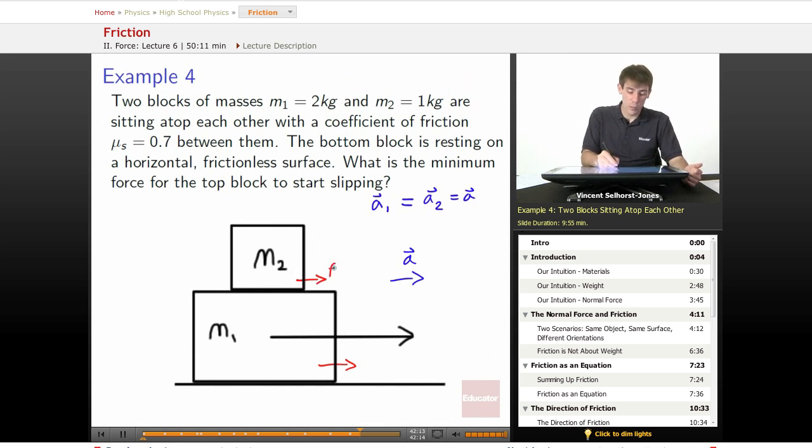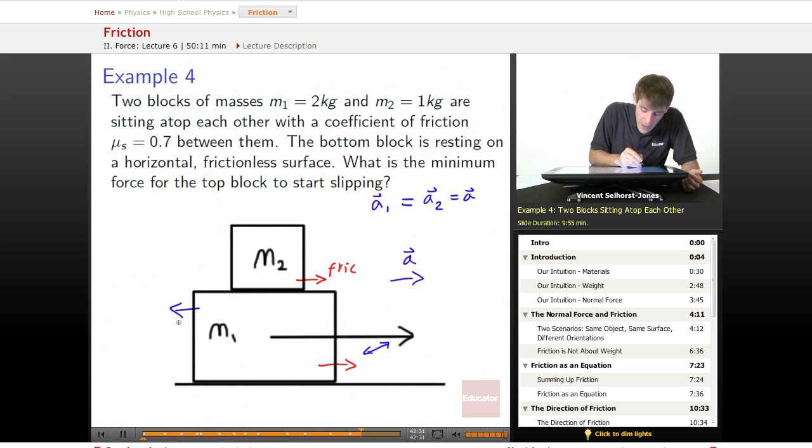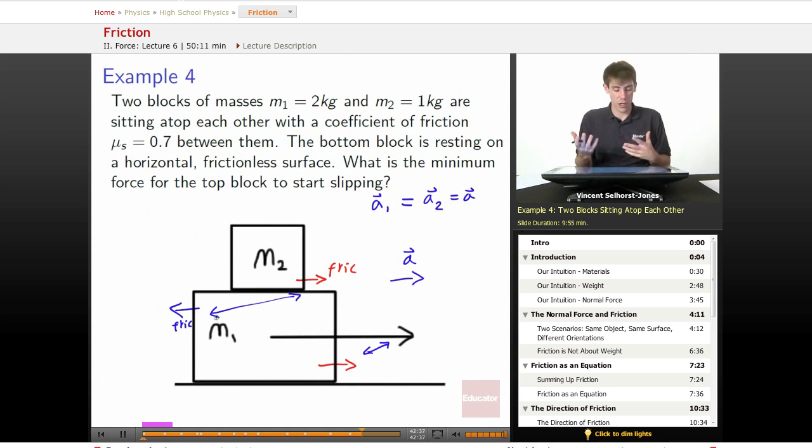So friction is going to be pulling block 2 over. What about block 1? M1 is going to be reduced by that same friction. These will be equal in terms of magnitude, not direction. So M2 is going to be accelerated by friction, and M1 is going to be decelerated, or at least lose some of its force to friction.